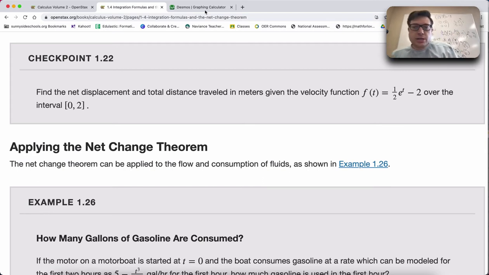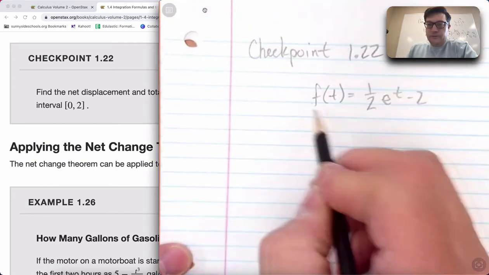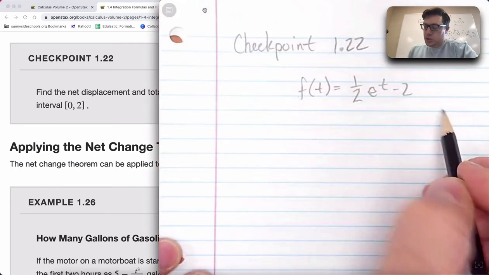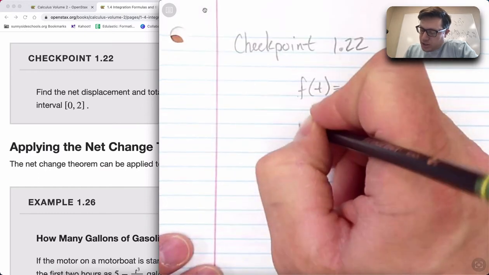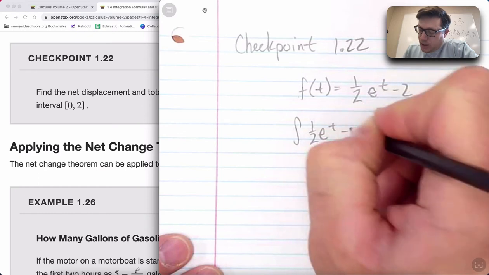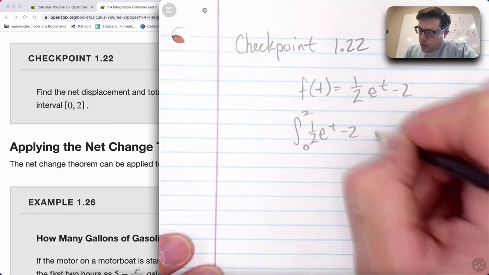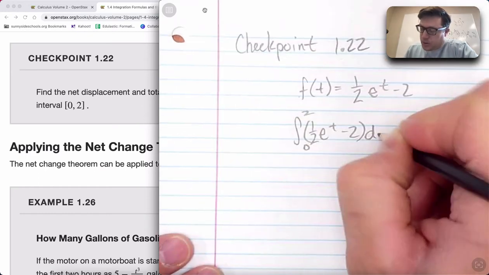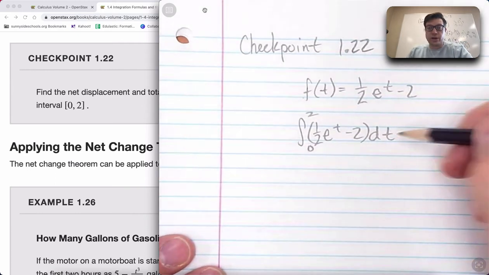Check them out. To find the net displacement, we're just going to evaluate the integral. So you see that we have here f of t, 1 half e to the t minus 2. So let's integrate 1 half e to the t minus 2 from 0 to 2 of, don't forget, your dt. You'll lose points if you don't have that on there.